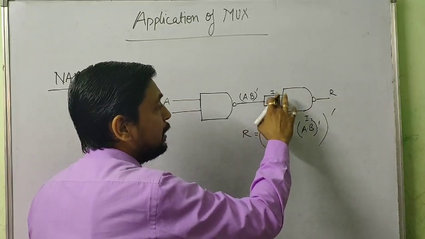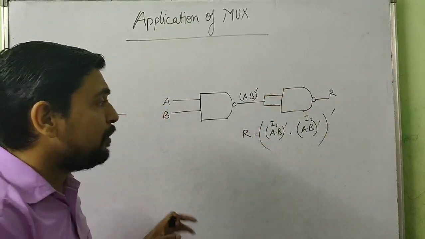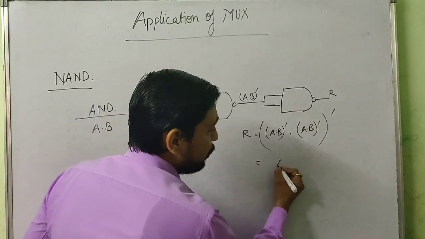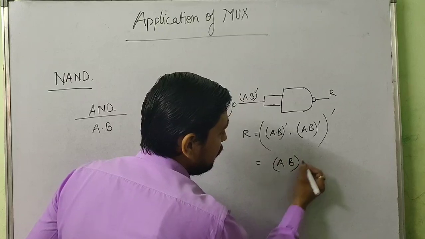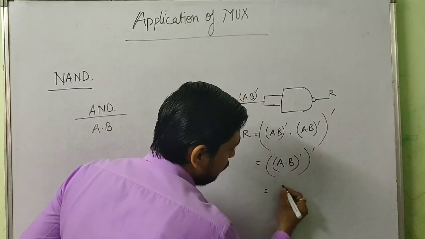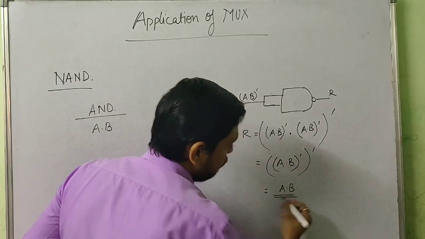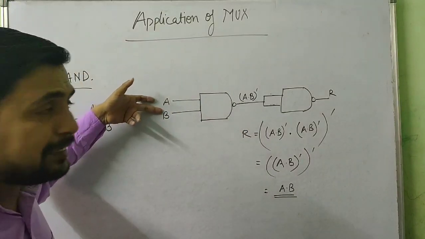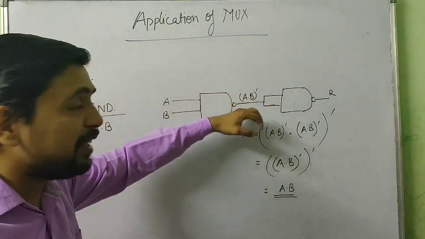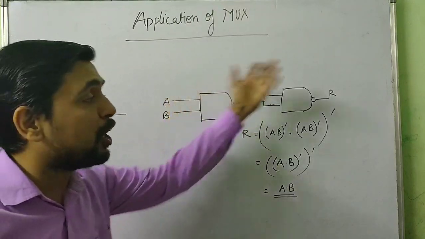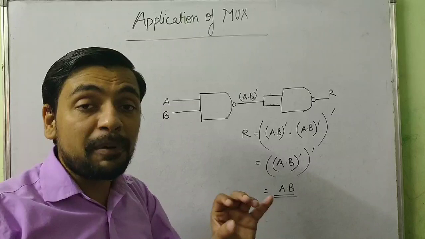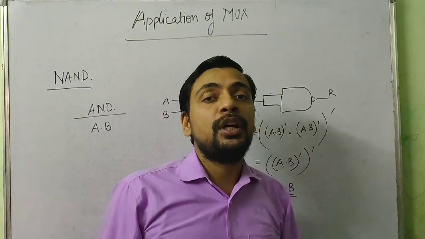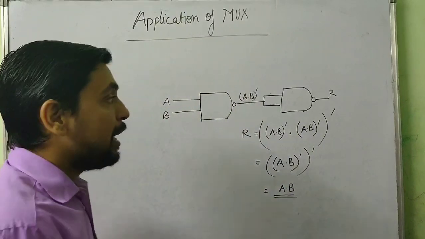I hope you understood that. Now we know that A and B whole complement AND A and B whole complement is going to give you A and B whole complement itself. Its whole complement will give you A and B. So we pass those two variables as input. In the output, we get A and B whole complement and we NOT that. But make sure to perform the NOT operation here, we will not use a NOT gate. We will use a NAND gate to do that.